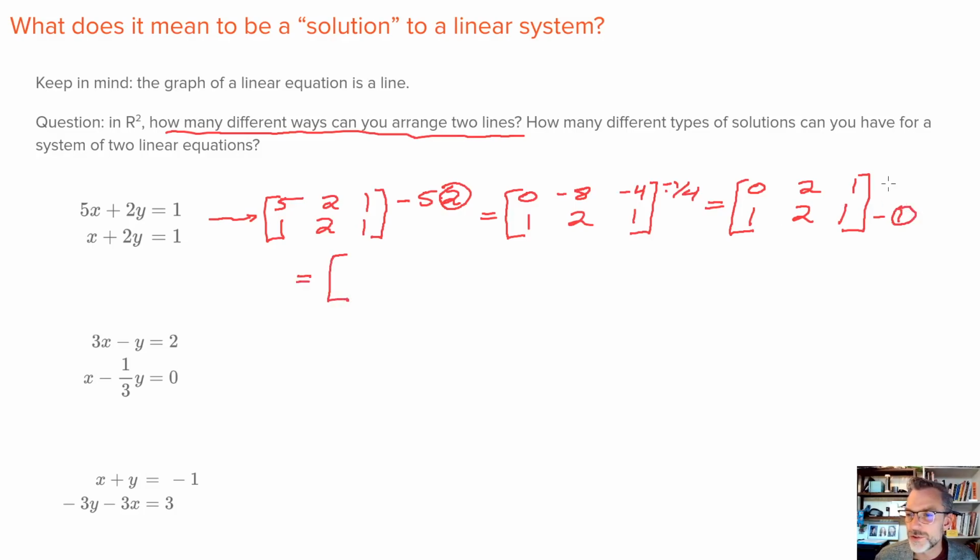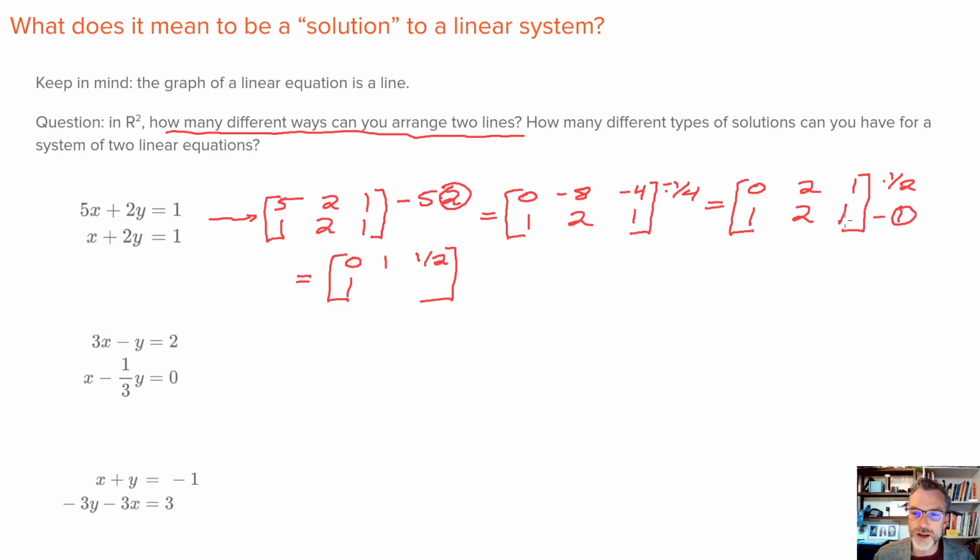And you know what? I'll also multiply the first row by 1/2 just to make this a 1. So I've got 0, 1, 1/2. Second row, I've got 1 minus 0. And what I'm doing here, I did multiple operations at the same time.